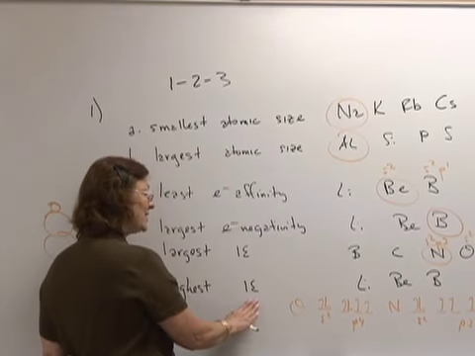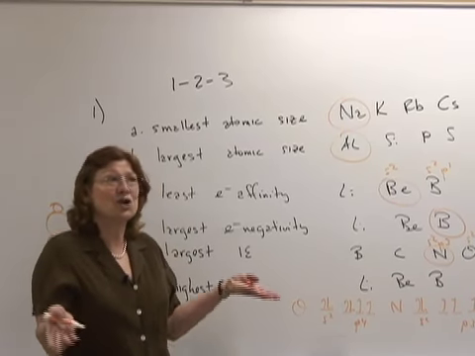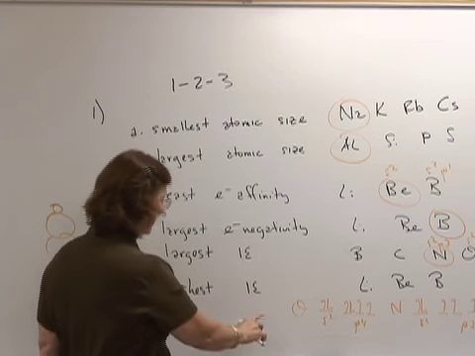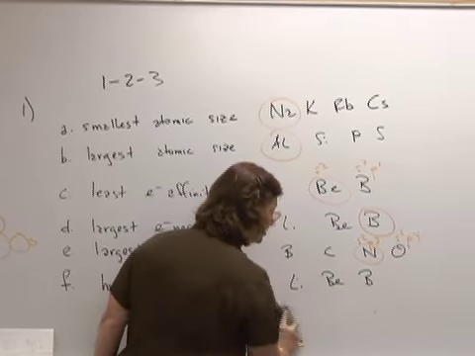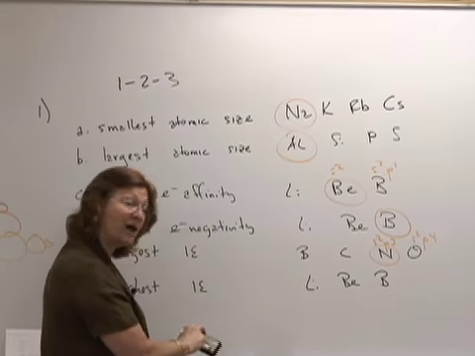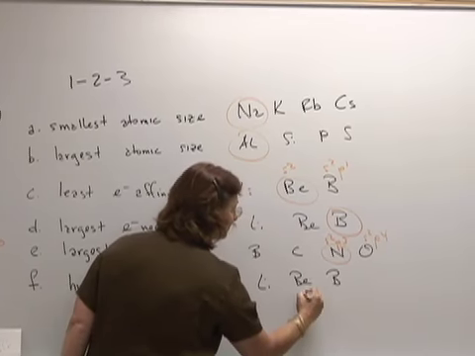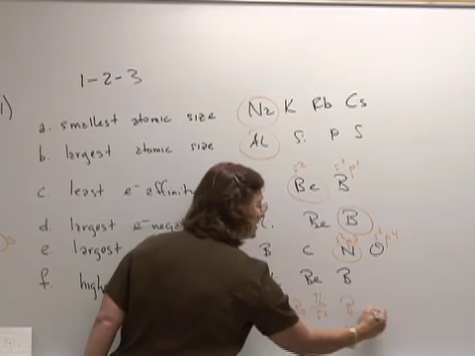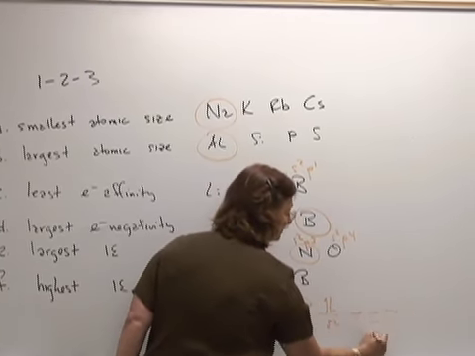The highest ionization energy, well, this is just getting used to some different terms. Highest, largest, they're basically the same thing. And again, we have the exceptions going on here because ionization energy is a measured value. And beryllium is s2 and boron is s2 p1.